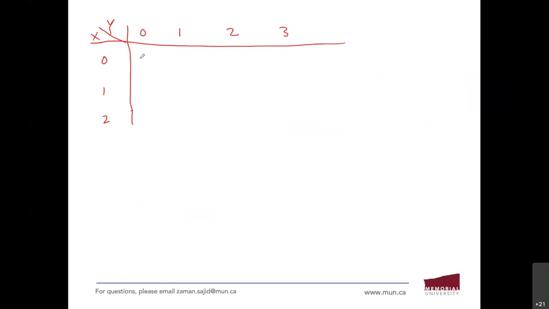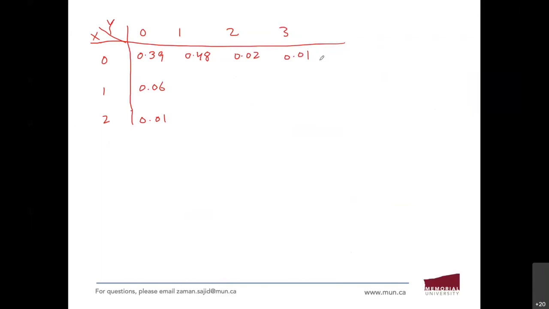This value was 0.39, 0.06. I'm just going to write down some values, not all. At 1 it was 0.48, at 2 it was 0.02, at 3 it was 0.01.